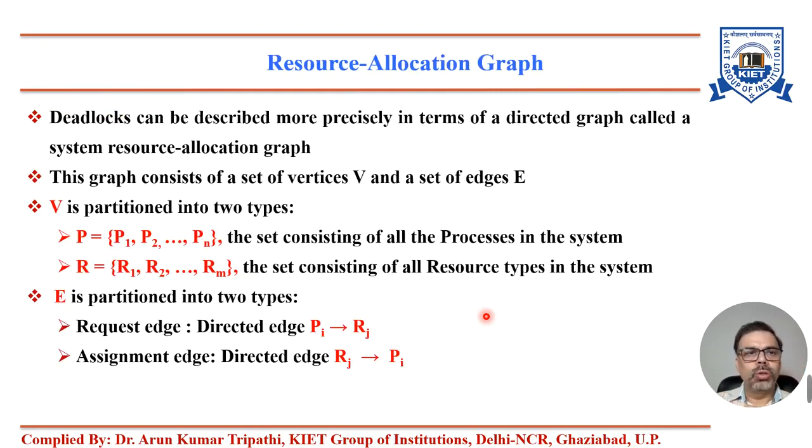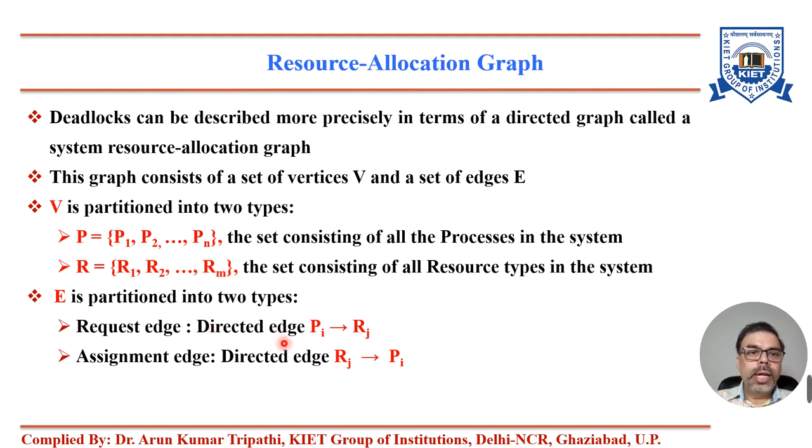Then the resource allocation graph. In the resource allocation graph, we can find whether there is a deadlock or not. This is the basic representation, a directed graph, in which there are two things: first the vertices and second the edges. The processes in the system are represented by P1, P2, P3 up to Pn, and resources are represented by R1, R2 up to Rn.